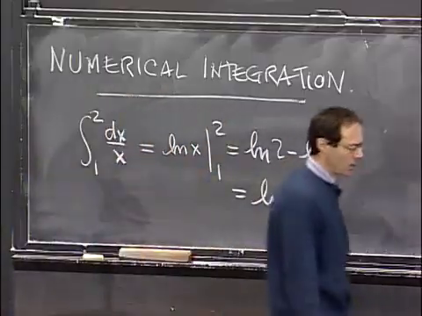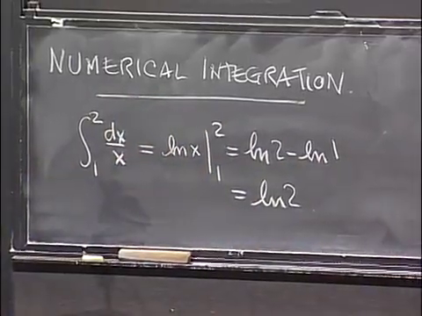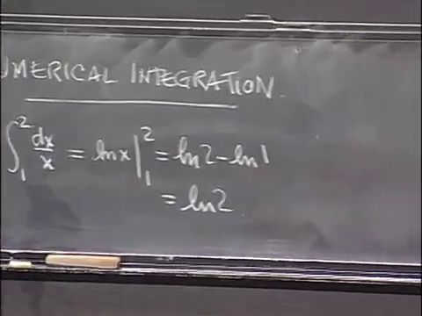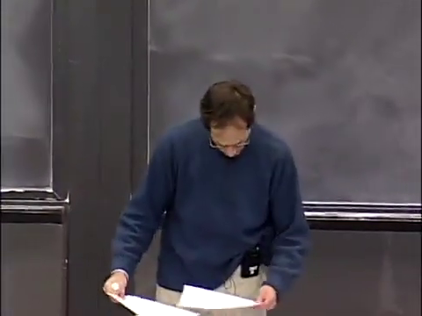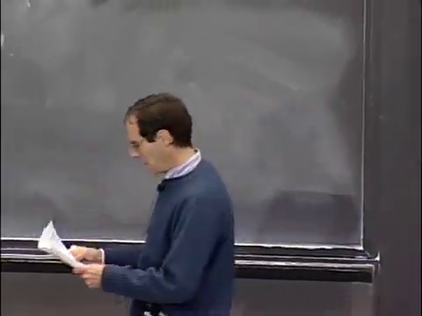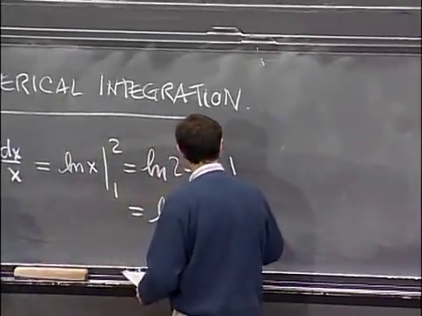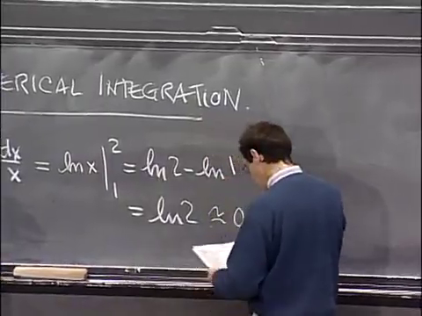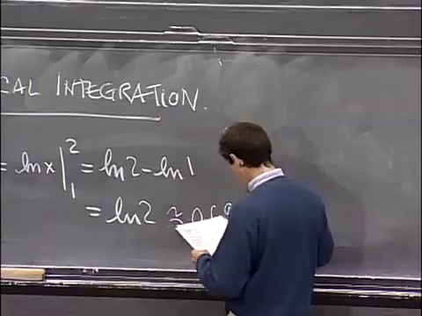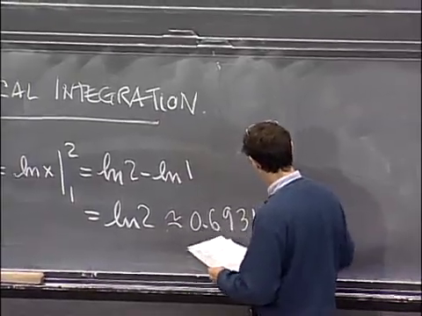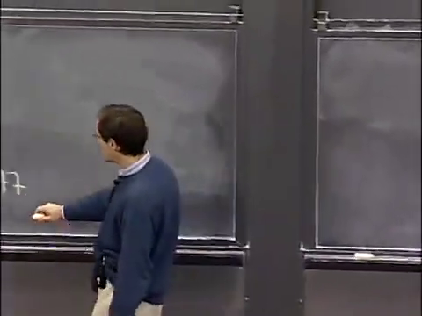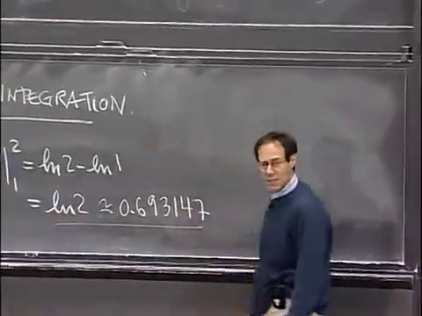Now, if you punch that into your calculator, you're going to get about 0.693147. That's more digits than we're going to get in our discussion here.